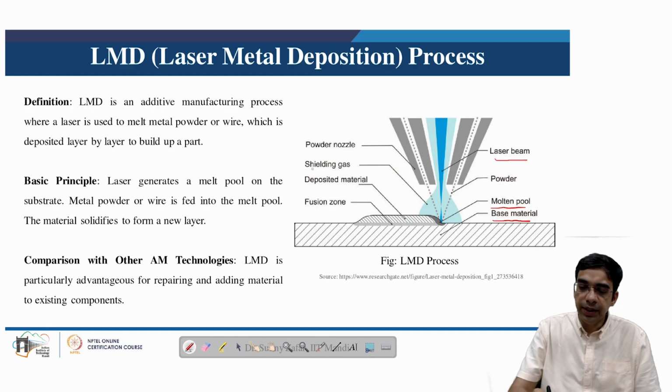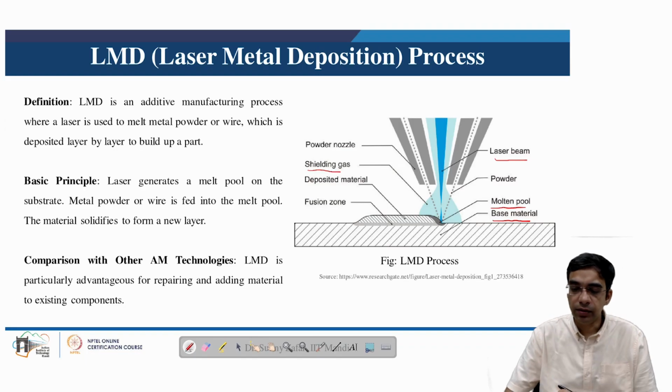There may be application of several shielding gases like argon to prevent any contamination because of oxide formation. As this setup moves, we can see the deposited material getting solidified. To connect the solidified material with the base material, metallurgical bonding between both takes place. That is why a fusion zone is also observed wherever the deposited material is in contact with the base material.